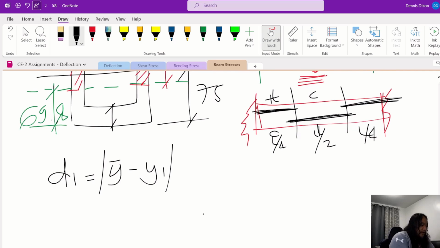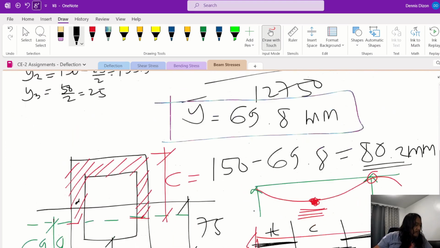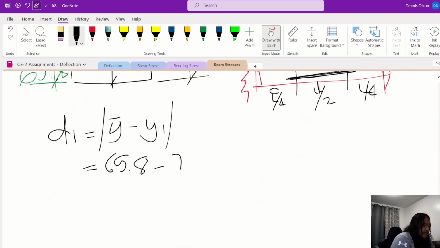So for area 1, our barred Y is 69.8, then minus Y1, which is 75. So 69.8 minus 75 is minus 5.2, therefore it is above the neutral axis.